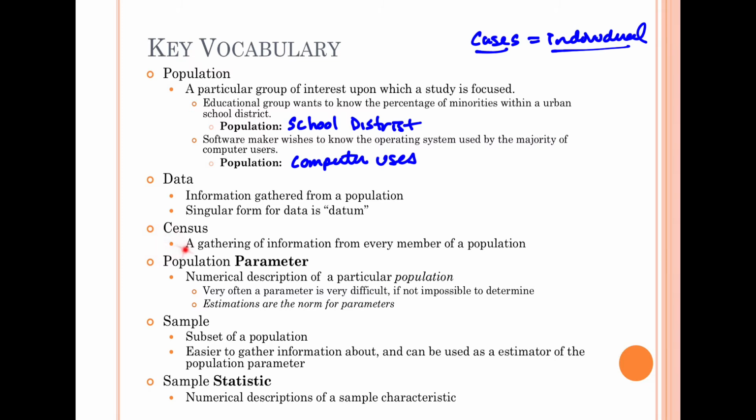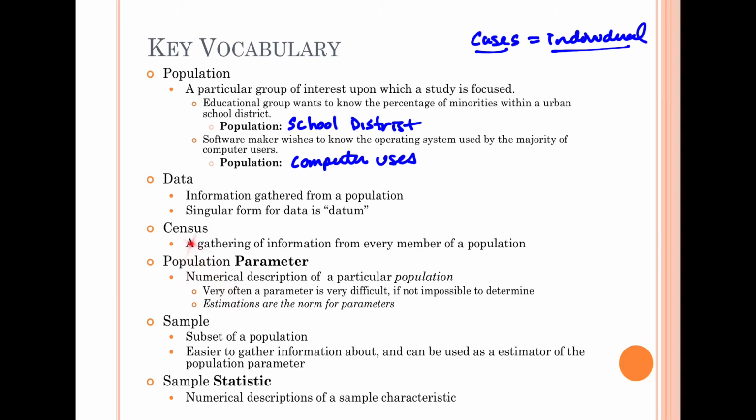Census is the gathering of information from every member within a population. You know that just a couple of years ago, we conducted a census. It happened to be in the middle of 2020, which was a worldwide pandemic, so there were issues in trying to gather that data. But the goal was to collect information from every member within the population.